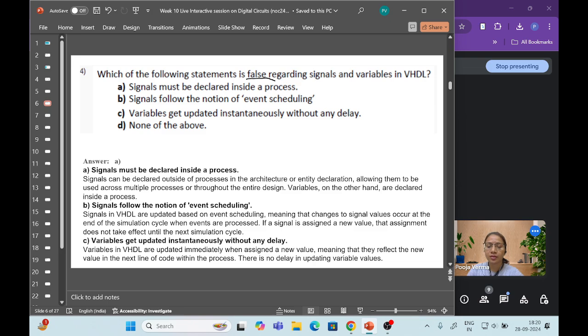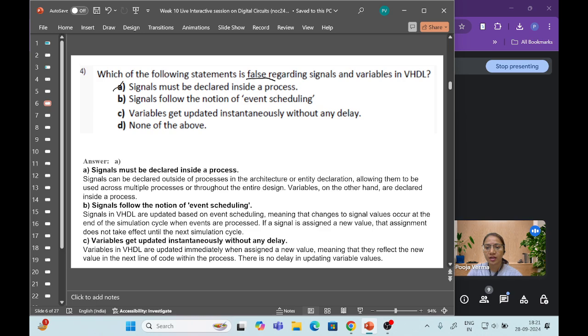Variables, on the other hand, are declared inside the process, but signals are declared outside the process in order to access them across the entire design. So this one is a false statement. If this one is a false statement, that's why option A is the correct answer for this question.